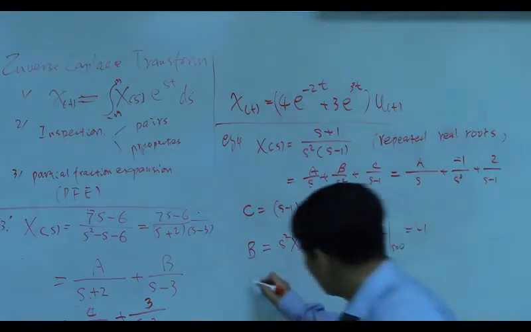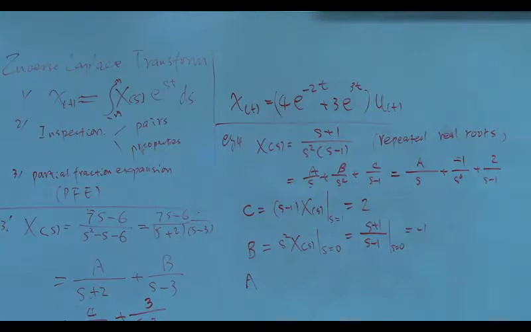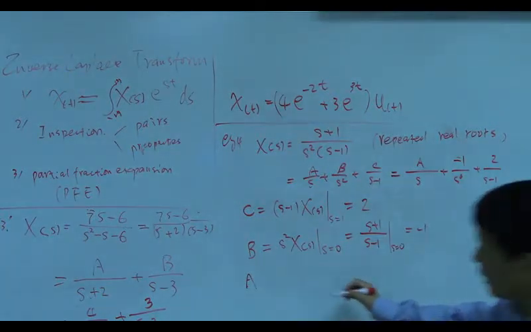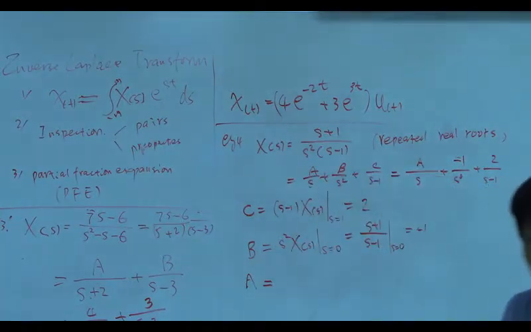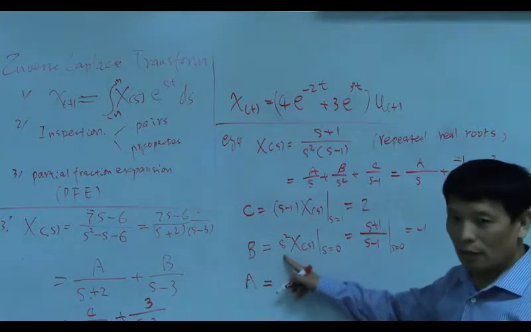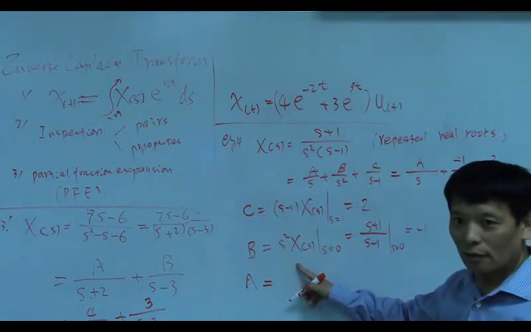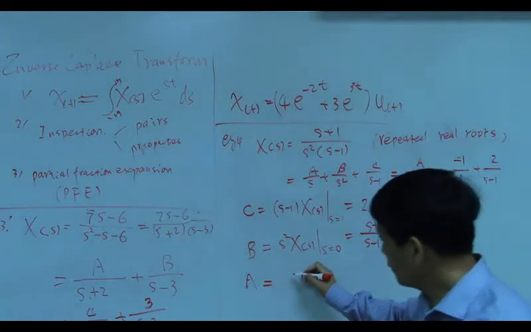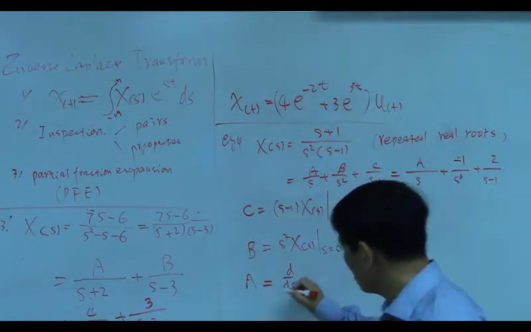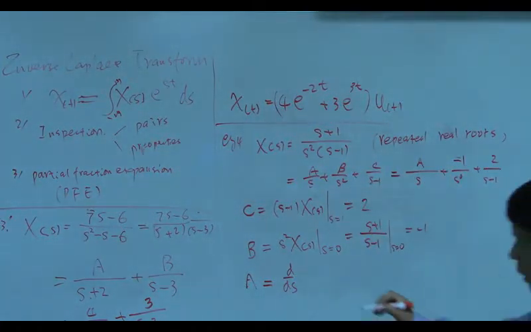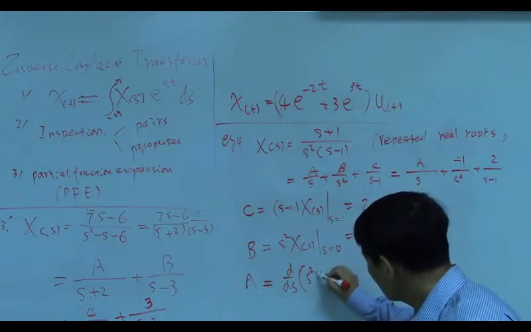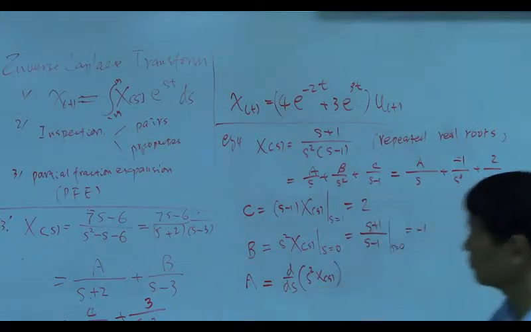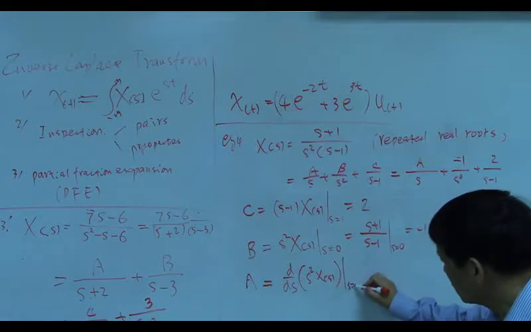Finally, we still need to calculate A. But this method is not working, right? We cannot use this method. Instead, the method is we are going to take differentiation. Right? Differentiation of this one. So it will be the differentiation with respect to S of S squared times this, then make S equal to 0.